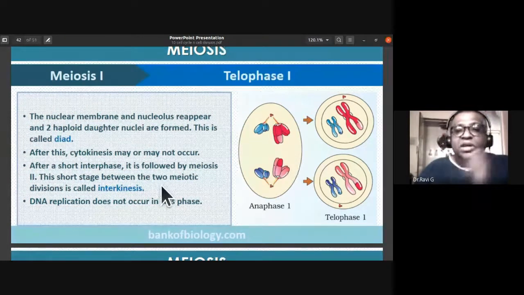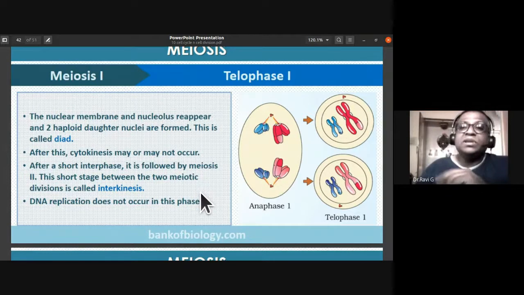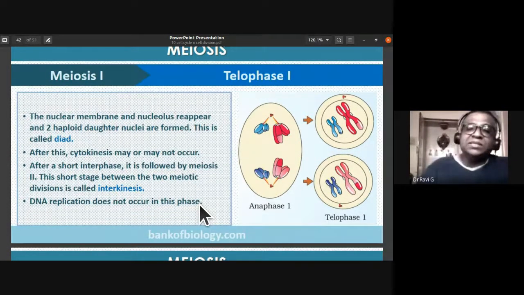After a short interphase, it is followed by meiosis two. The short stage between the two meiotic divisions, we call interkinesis.